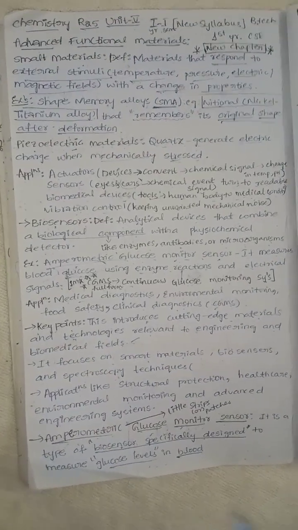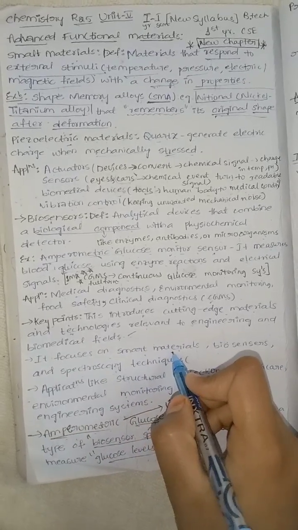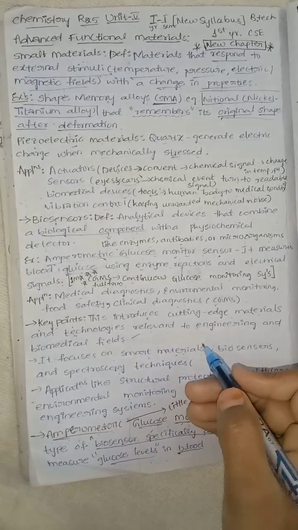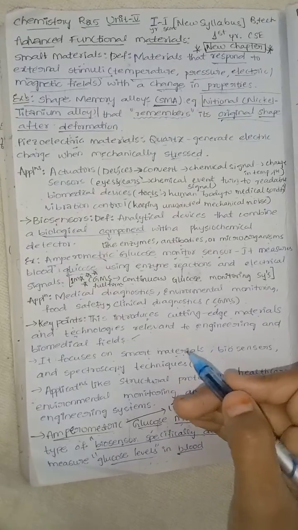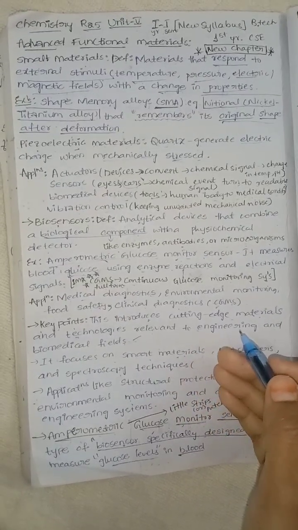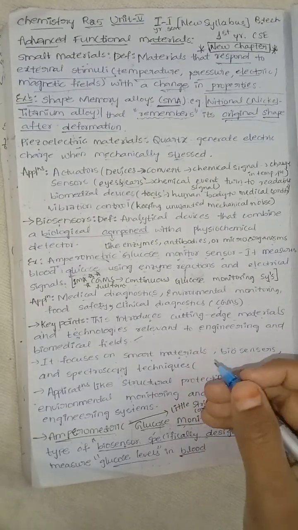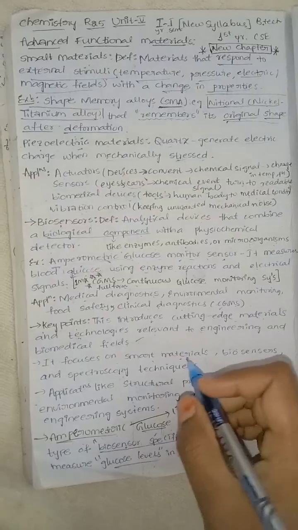It focuses on smart materials. Smart materials are materials that respond to external action, for example temperature, pressure, electrical field or magnetic field. Responding material is known as smart material.